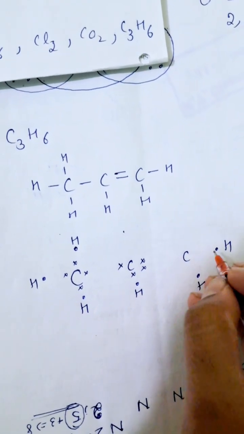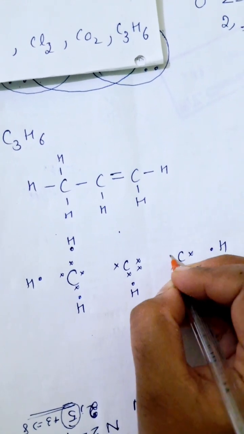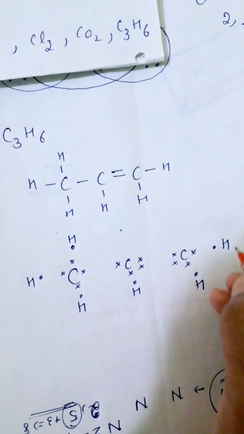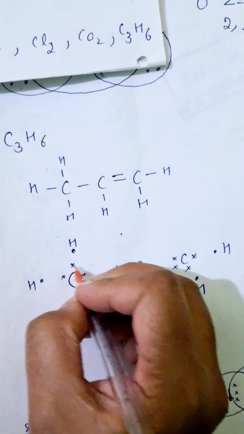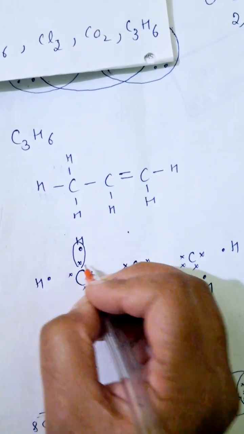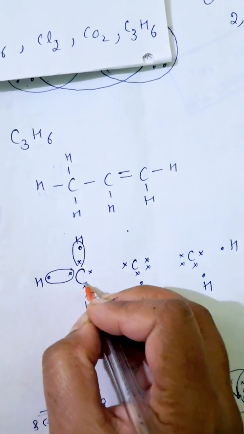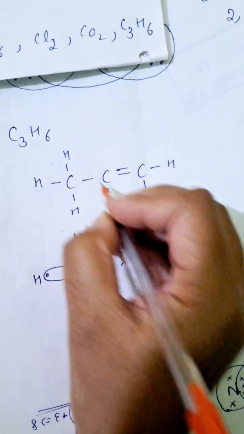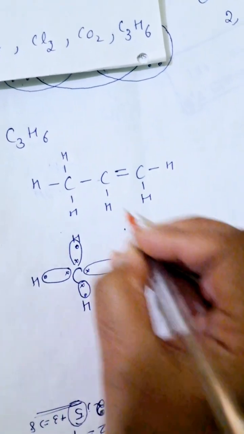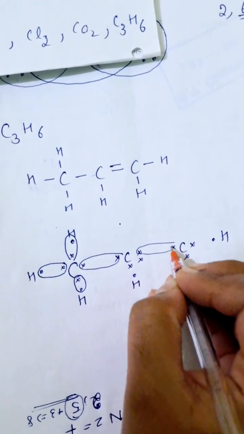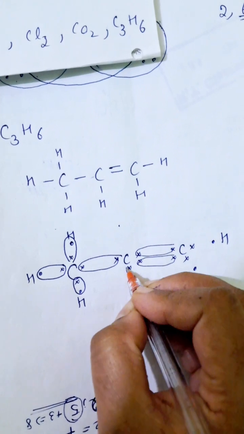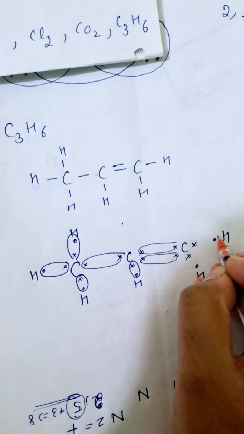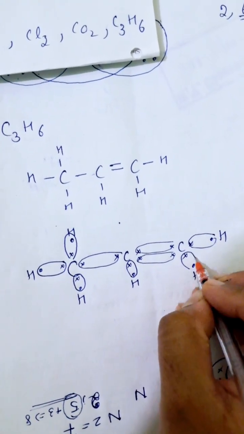So here also it is having 1, 2, 3, 4 bonds. Now here what is happening, there is a single bond forming. Here one single bond, here one single bond. Okay, and here again there should be a single bond, and here there will be a double bond. Again there will be a single bond. Now here also there will be a single bond. There is a single bond here also.